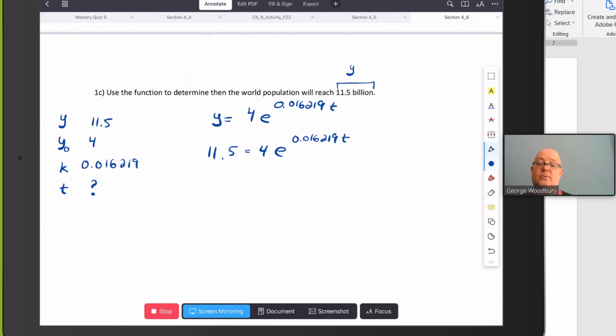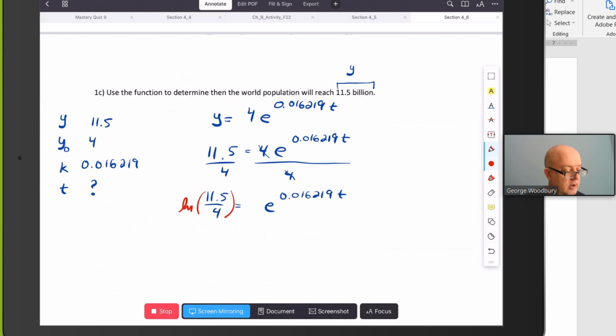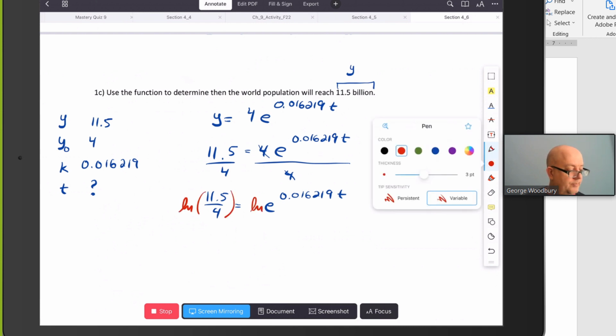All right, to solve this, we want to isolate the exponential expression, so divide both sides by 4. Now again, 11.5 divided by 4 is one you could do with a decimal value, but I'm going to continue to leave it in fraction form so I can show you how to handle that in the calculator. It equals e to the 0.016219 times t power. Take the natural logarithm of both sides of the equation.